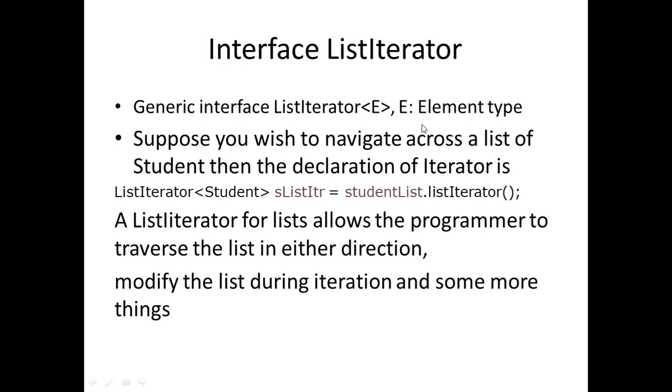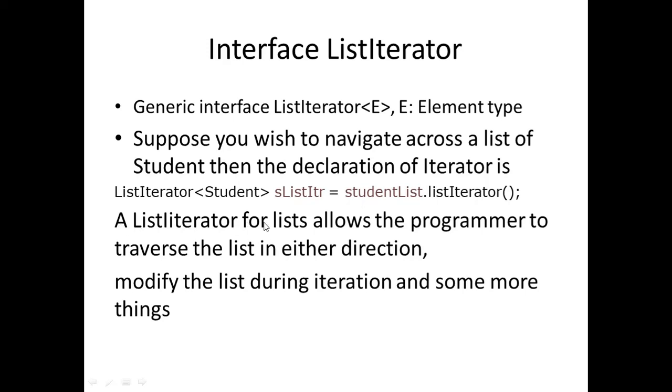It is a generic interface; E is the element type. Suppose you wish to navigate across a list of students, then declare the iterator like this: ListIterator<Student> listIterator equal to studentList.listIterator(). It returns a reference for the student list iterator.